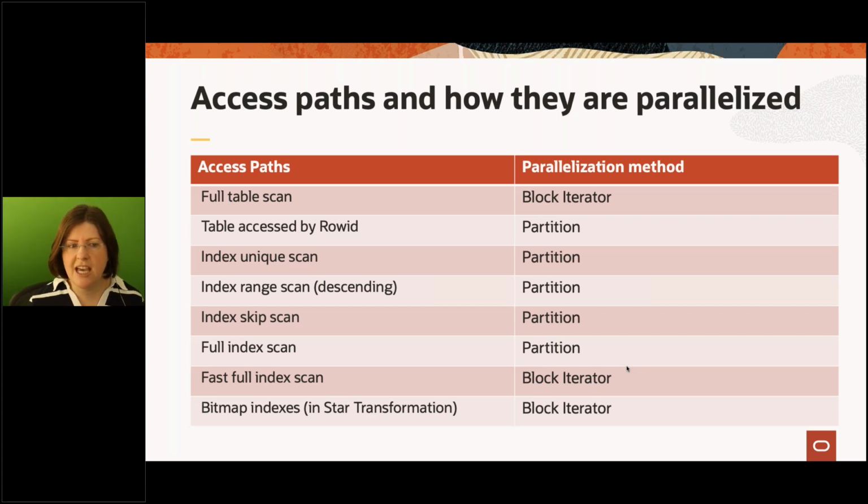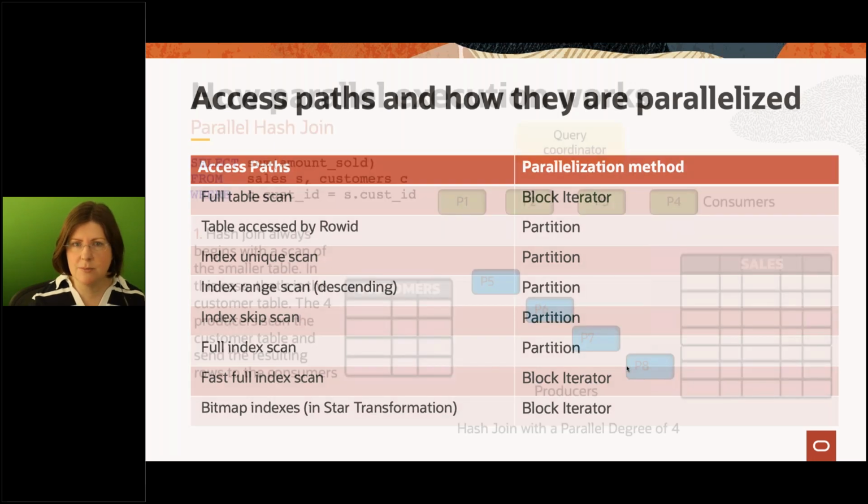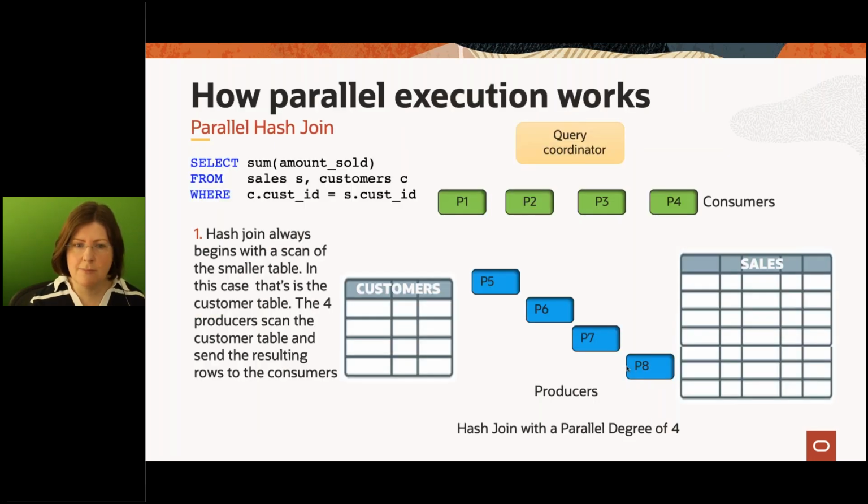Index range scan, index skip scan, those types of accesses typically are not parallelized unless the underlying object is partitioned, in which case we can take advantage of parallel execution because each parallel server process will get a different partition in that object. So just bear that in mind when you sometimes wonder, am I getting parallel or not? That's how we divide up how we access it.